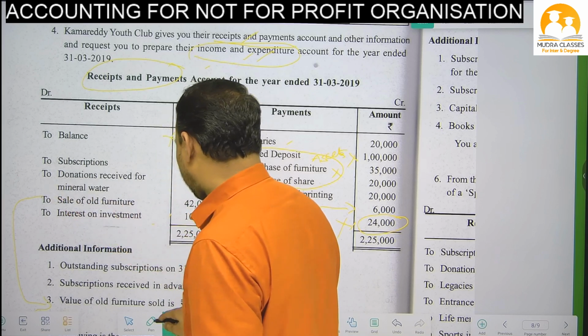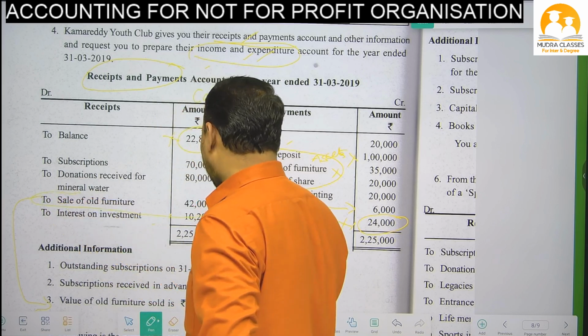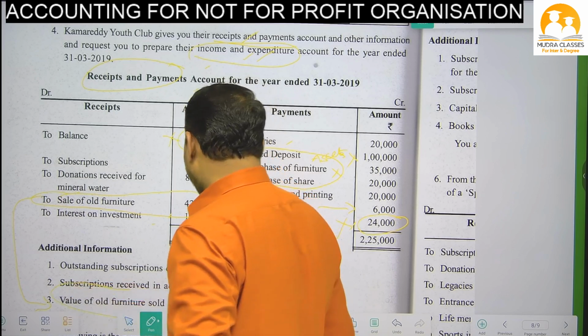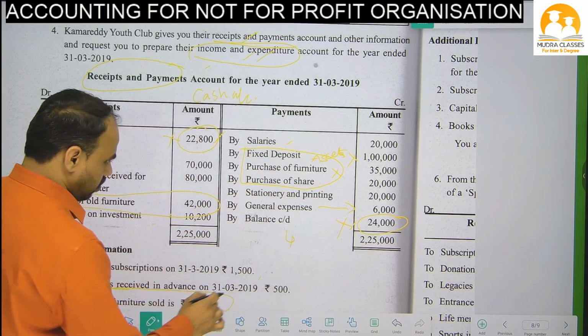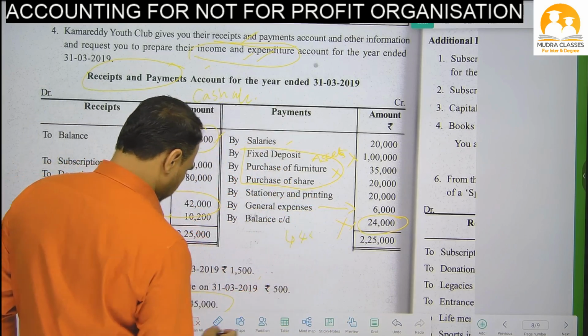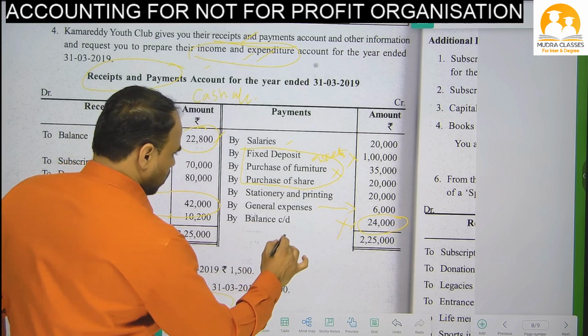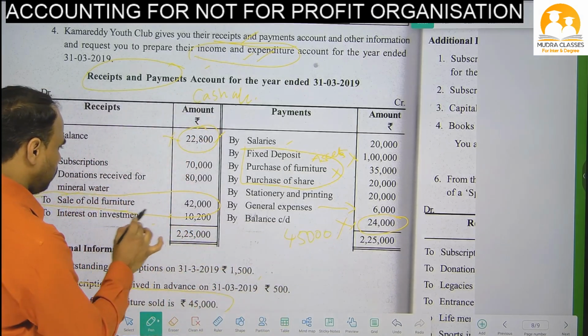Observe these two points: here sale of furniture, and here cost of furniture. The cost of furniture is 45,000 rupees, and we sold it for how much?